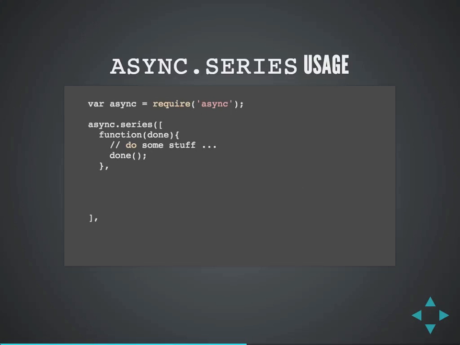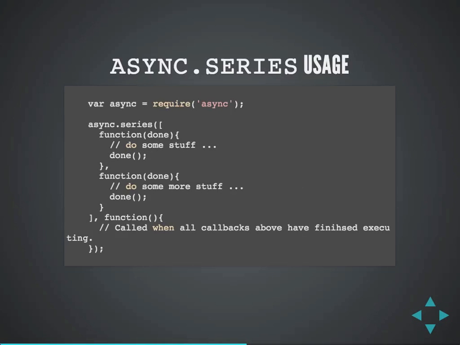The cool thing is every single function is provided a done function, and when you're done with the first task, you call that done function, then it moves on to the next one. When all of them are done, it calls the very last callback, which gets called when everything's completed.